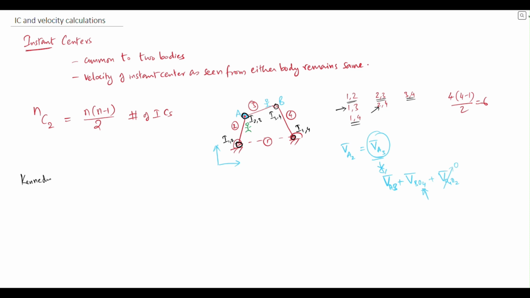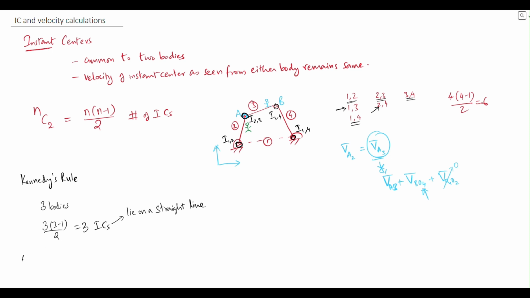Kennedy's rule says if you take three bodies, you know that there can be three instant centers because 3 times 3 minus 1 over 2 is 3 instant centers. These three instant centers lie on a straight line. This is the rule.